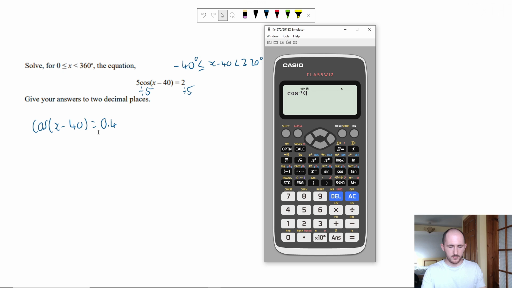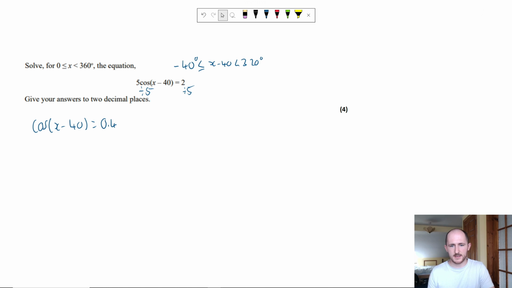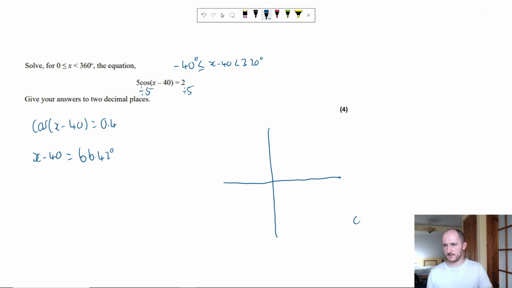Inverse cos of 0.4 gives me 66.42. It says 2 decimal places, so we're going to keep it to 2 decimal places. I know, shocking. Equals 66.42 degrees. Like so. Now let's draw out our CAST diagram, C-A-S-T.